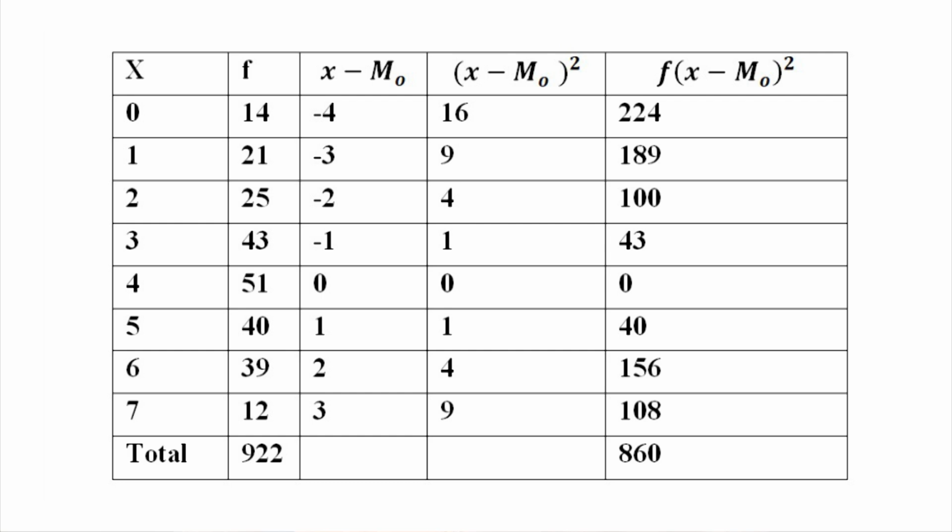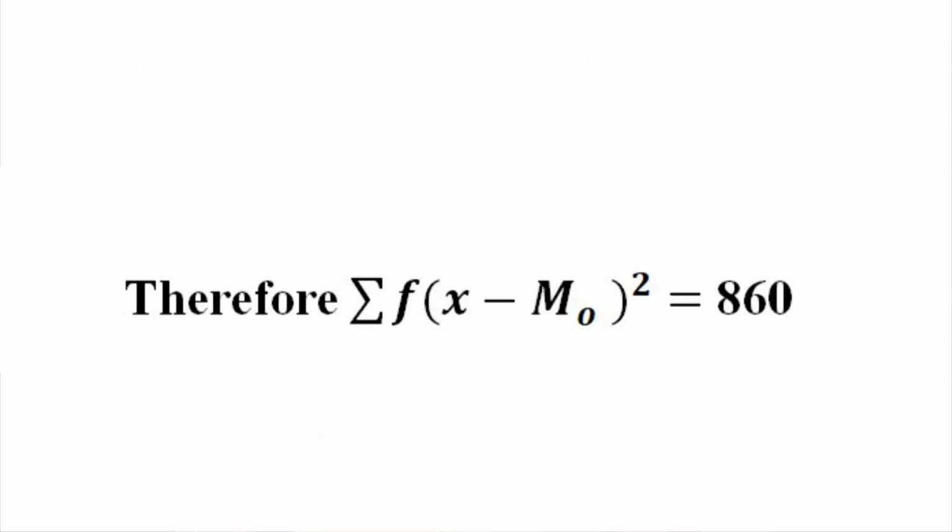The values are 224, 189, 100, 43, 0, 40, 156, 108, which are entered in column 5.